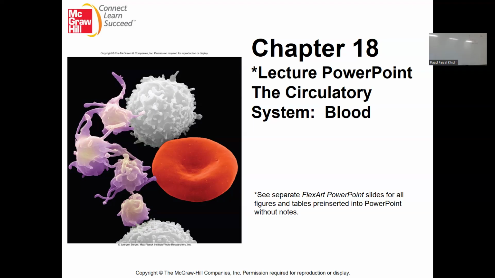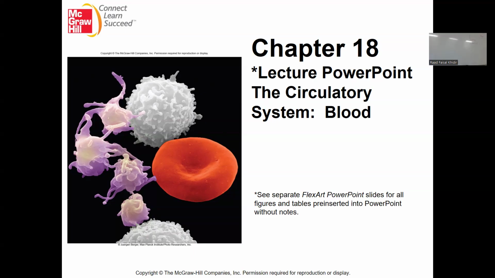It has all the platelets and the WBCs. You see, we have RBCs and we have WBCs. If RBCs are red blood cells, what do you think WBCs are? White blood cells. Excellent. So we have white blood cells and platelets.